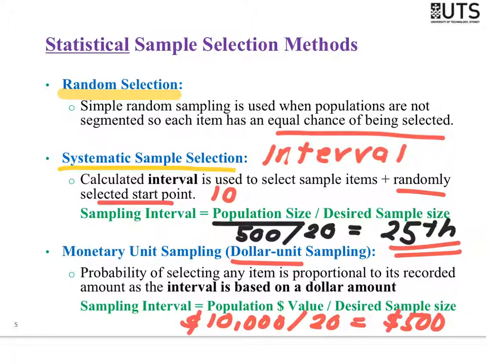Now, what does that mean? That means you pick every sales invoice where the 500th dollar lies. So it's exactly the same thing. The difference is with a systematic or interval selection, you're picking it based on the item number, but with monetary unit sampling or dollar unit sampling, you're actually picking it based on the dollar amount. But it's the same concept.